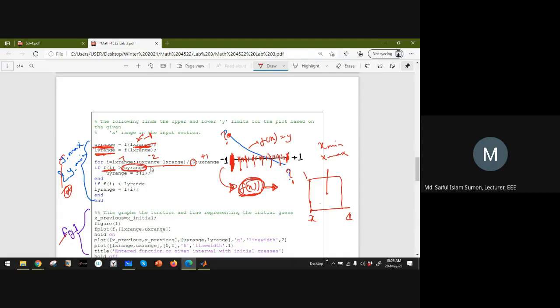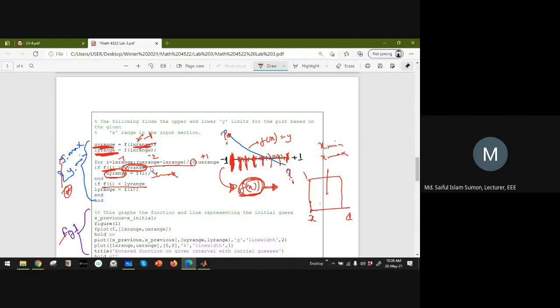If at any time fi is greater than my approximated upper limit, then that's actually my upper value of y, that means y max. On the other hand, I will check for every iteration if this fi is less than the initial lower value or not.